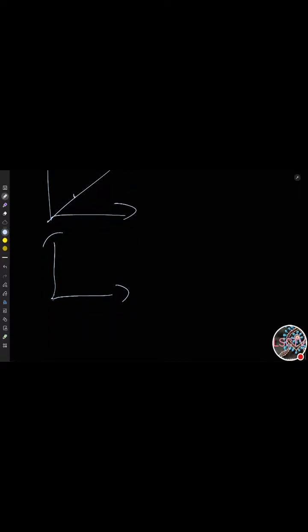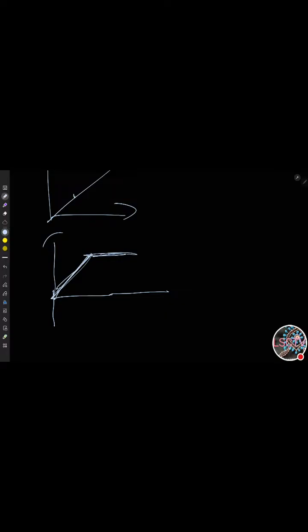In the velocity time graph, the area under the graph represents displacement. Slope represents acceleration. And the area, ignoring the minuses, represents distance.